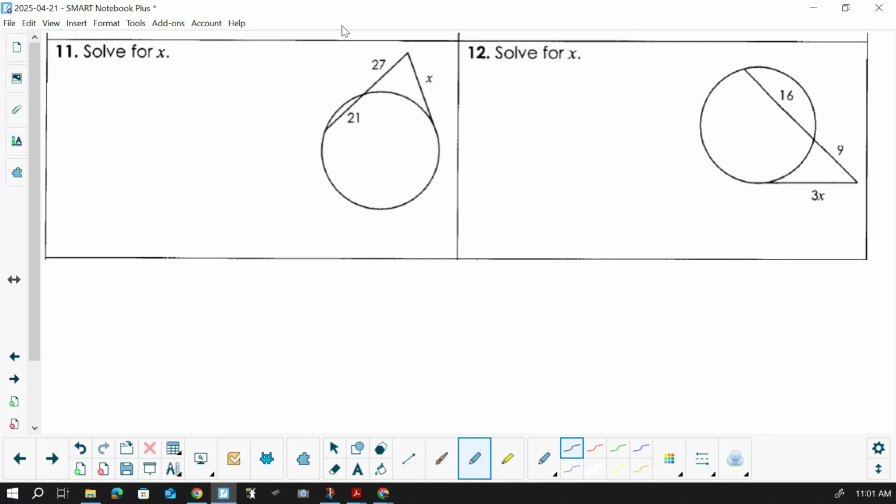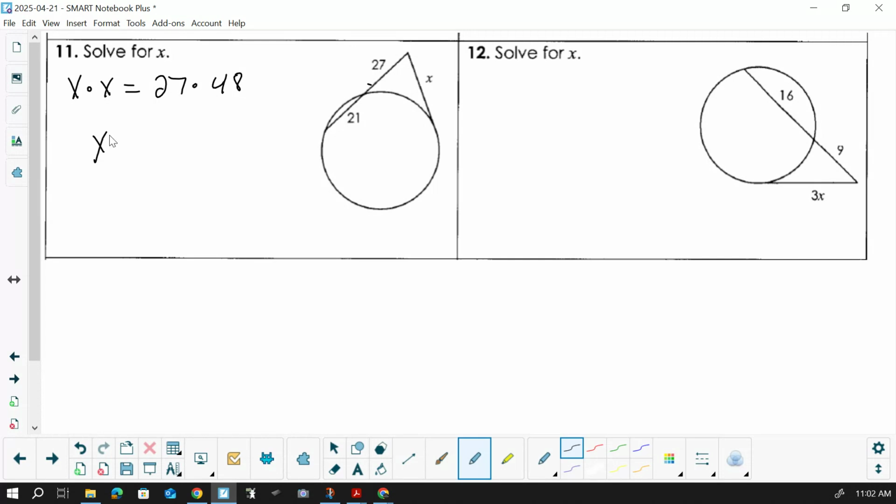Number 11. Let's see here. X, whole thing times the part on the outside. X times x. 27 times the whole thing. 21 plus 27 is 48.